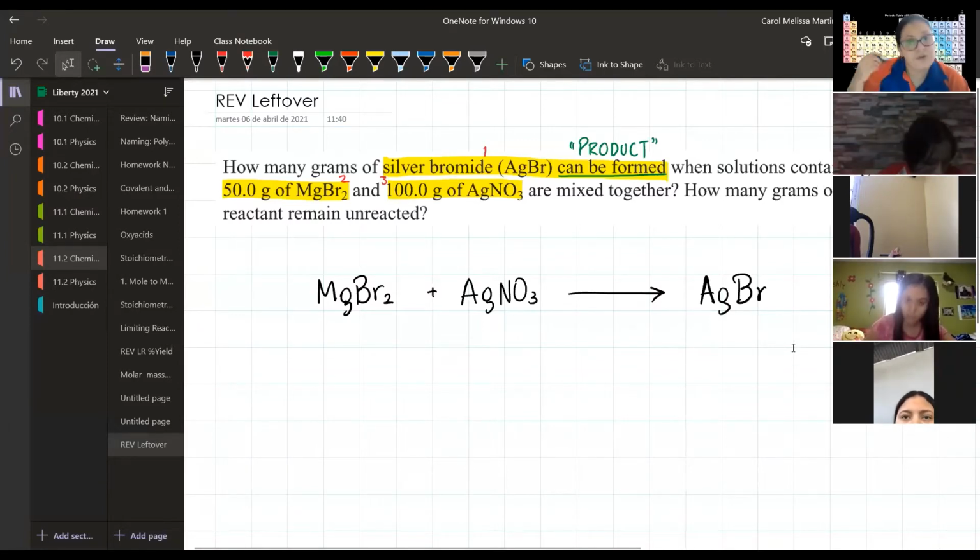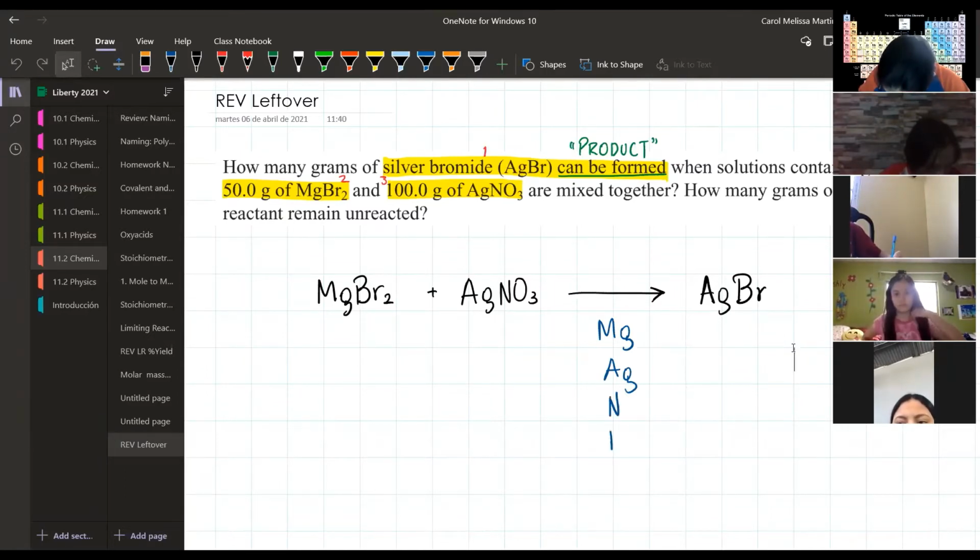Okay, so I'm going to list all the elements that are part of my reaction. So first we'll list the metals. We have magnesium and we have silver. And then we'll list the non-metals different than the oxygen and hydrogen. So I have nitrogen, bromine, I also have oxygen.